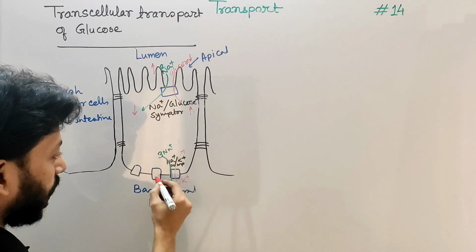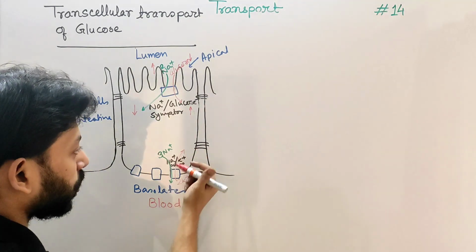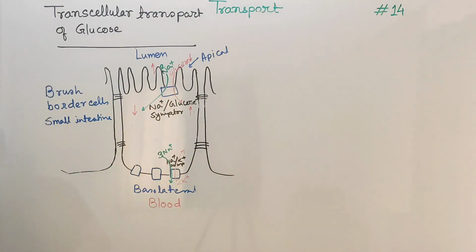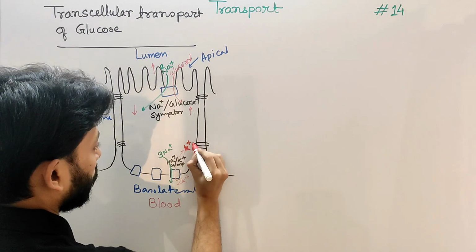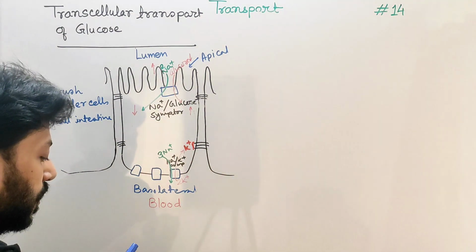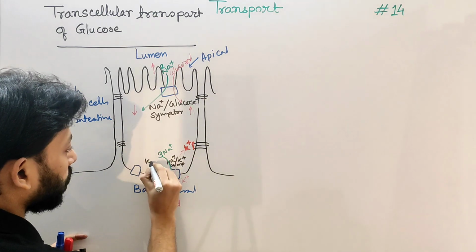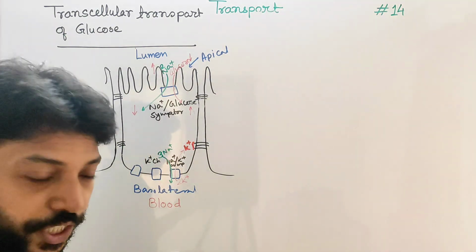Now potassium, when it moves inside the cell, the concentration of potassium increases. And in this basolateral portion, there is a potassium channel called the leaky potassium channel.